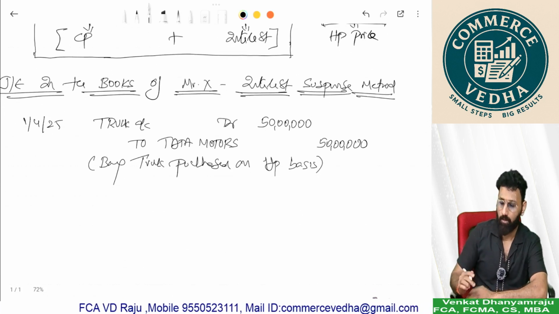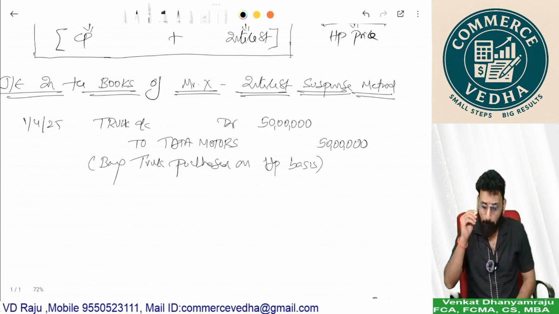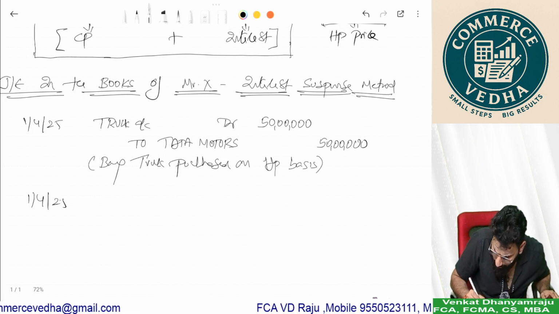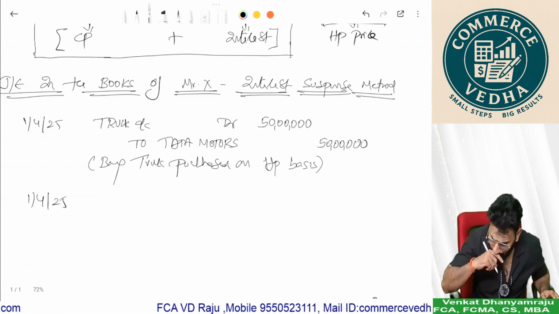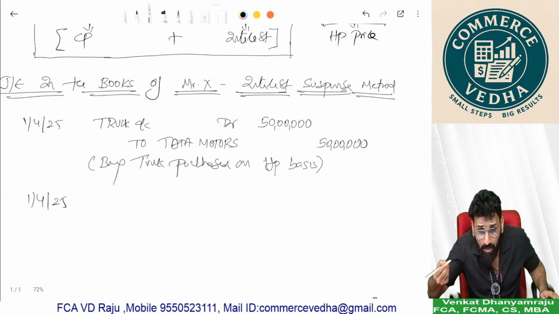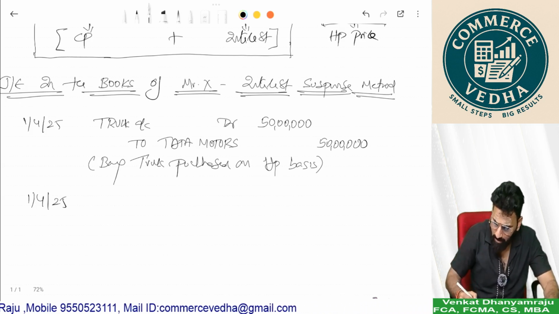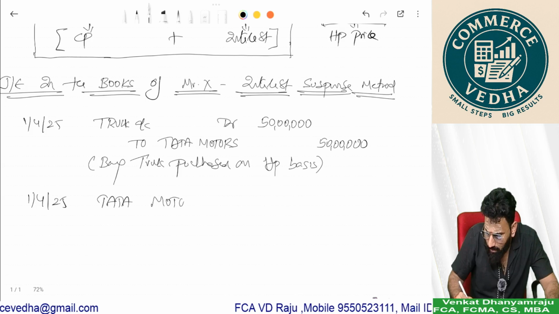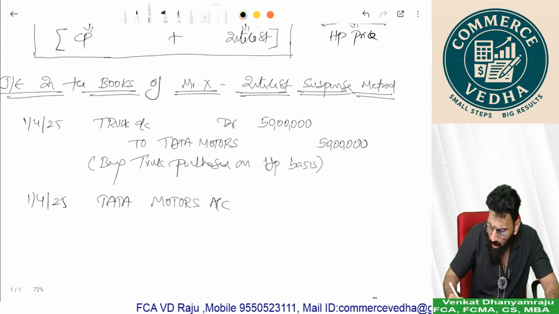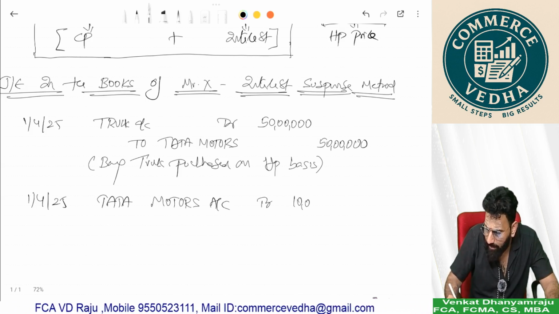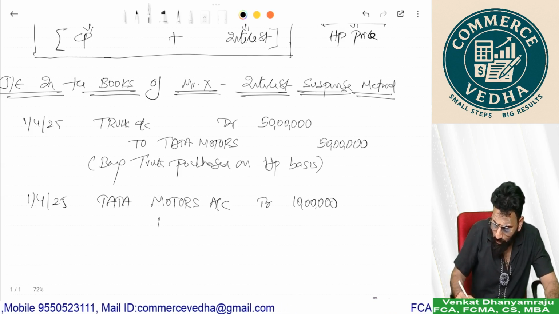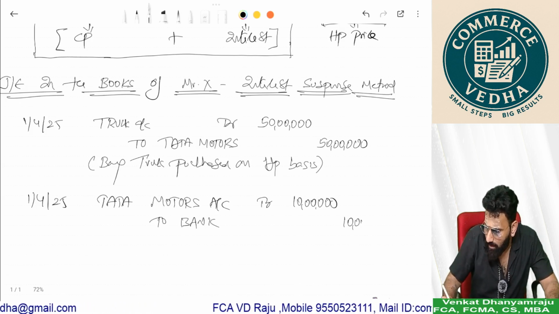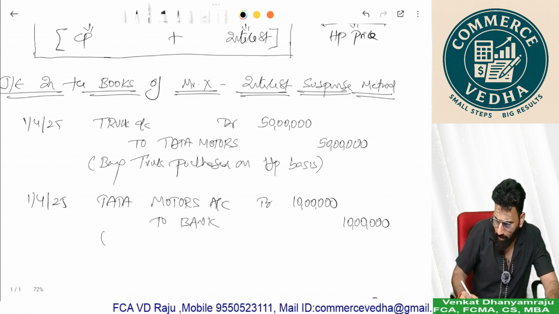So the first entry is common, but here the second entry on the same date should be interest pay. First of all, we finish the down payment. Tata Motors account debit. I paid 10 lakhs to bank. Mr. X paid 10 lakhs. So we'll write B.